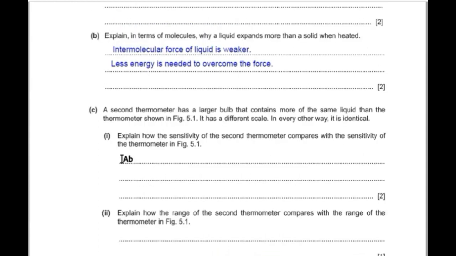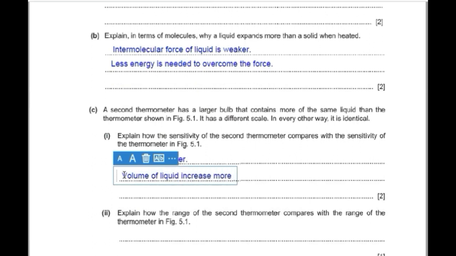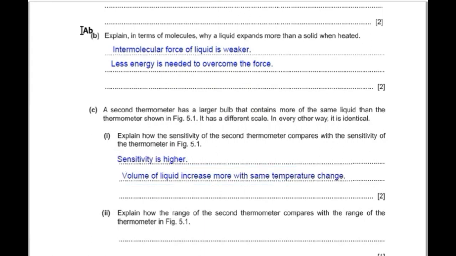Molecule. Sensitivity increases. Sensitivity is higher because it expands more. Volume of liquid increases more with the same temperature change. More sensitive, it will increase higher.